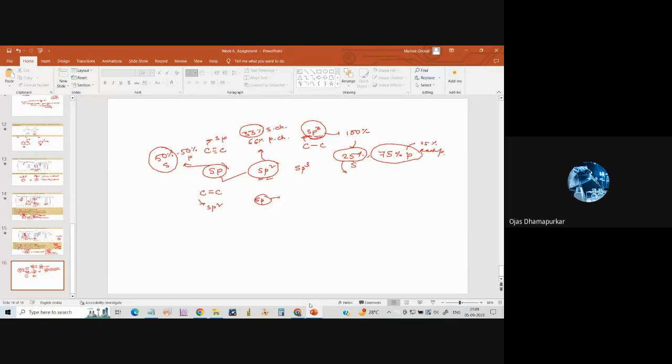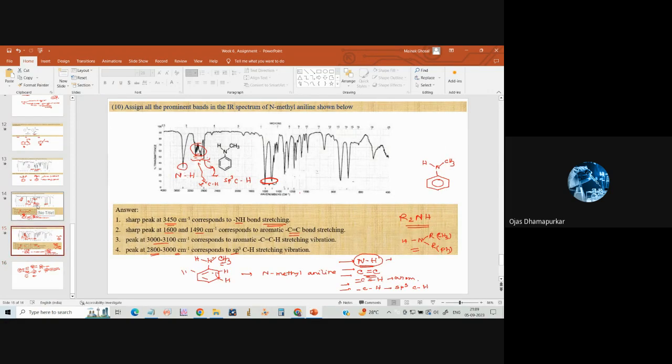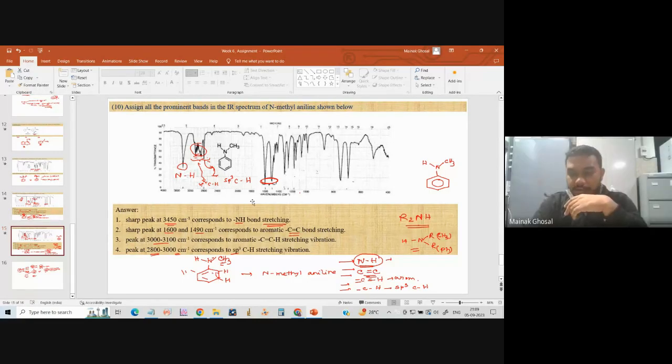I have a doubt regarding the 10th question. In the 9th question, we also considered a prominent peak at 700 and 780. What I'm saying is that this is called the fingerprint region. Here all the single-bond peaks like CN and CO, and their bending modes, will come.